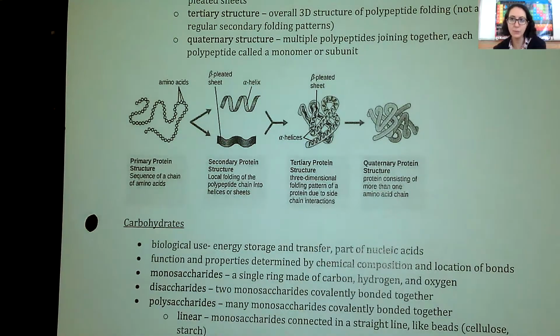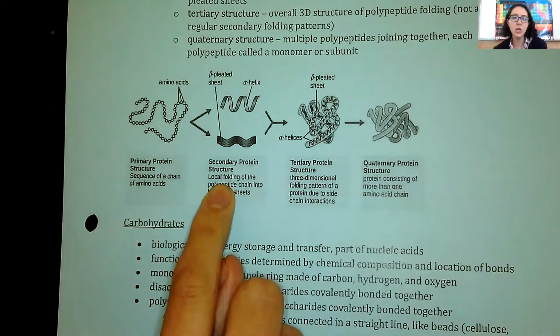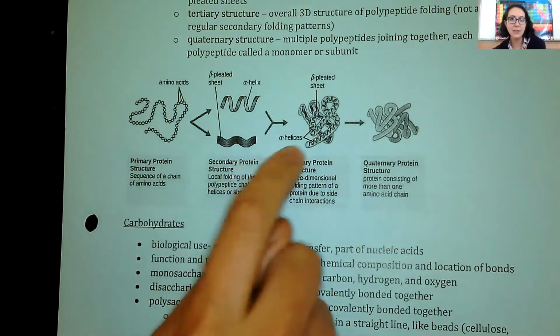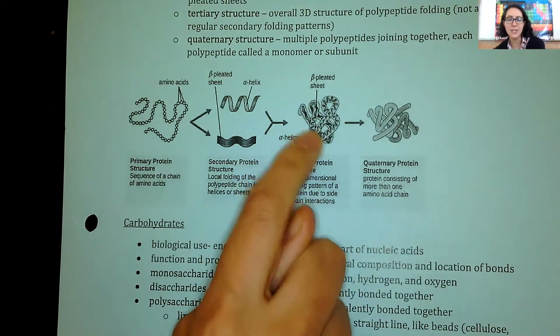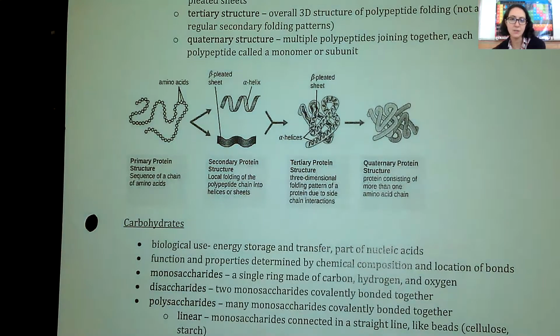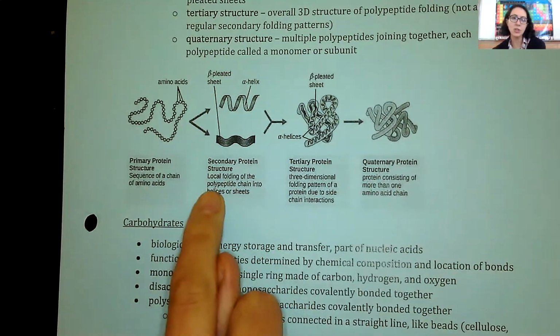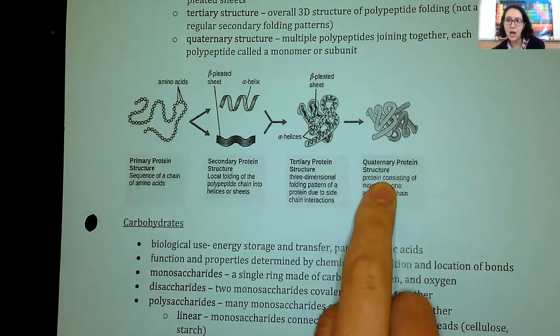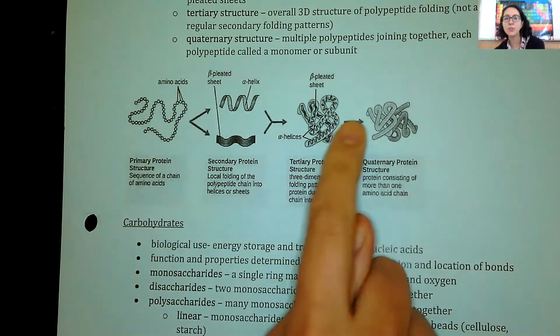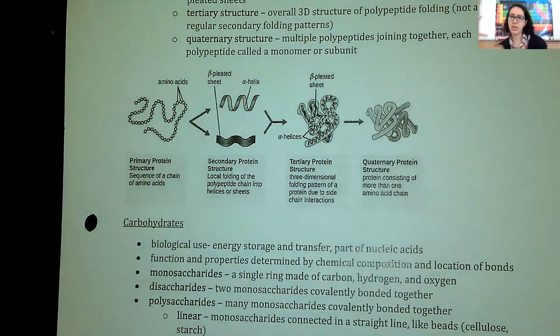Tertiary means three, tert means three. So the beta pleated sheets and the alpha helixes, you can kind of see those motifs in this tertiary structure. They show local folding, with the same idea. The quaternary structure is multiple individual polypeptides that are joining together to form a bigger structure.